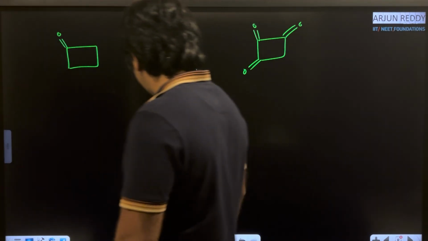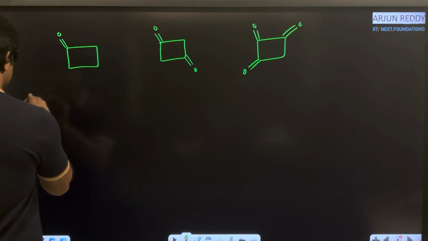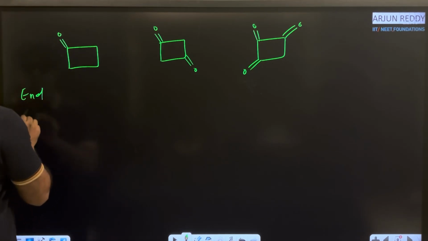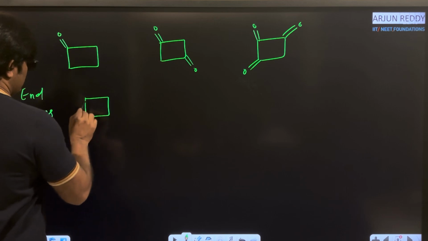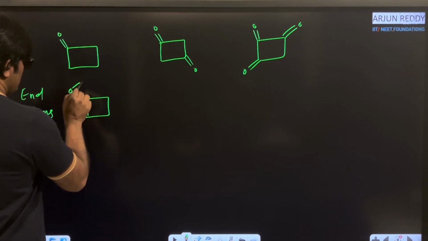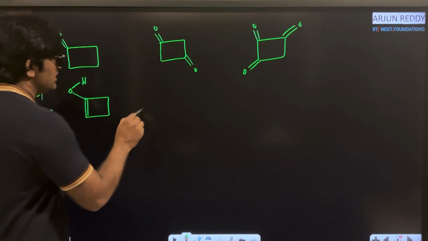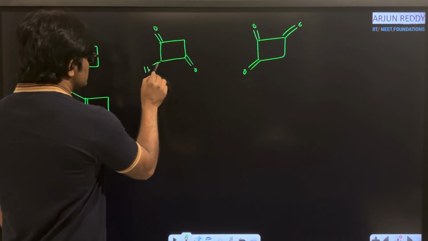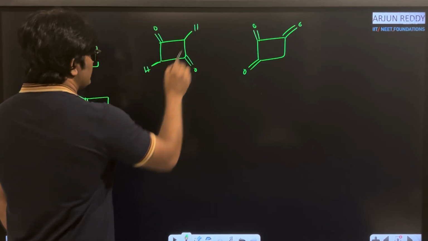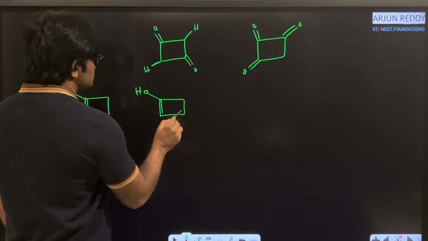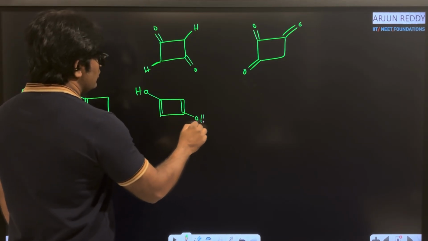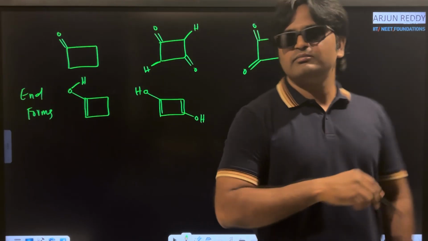So let me write the enol forms of these molecules. If you are writing the enol form, just write like this, and here OH, that is the enol form. Now here you can use 2 hydrogen atoms for enol. Here double bond OH, next one here double bond OH. That is the enol form.